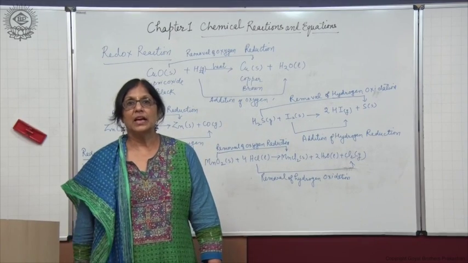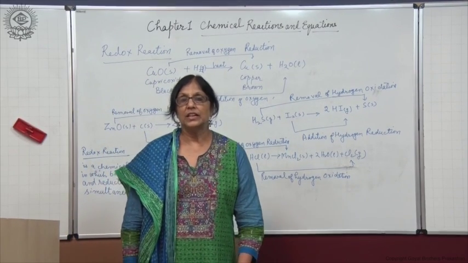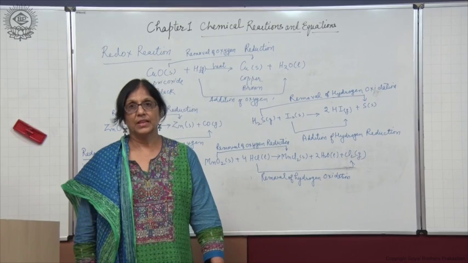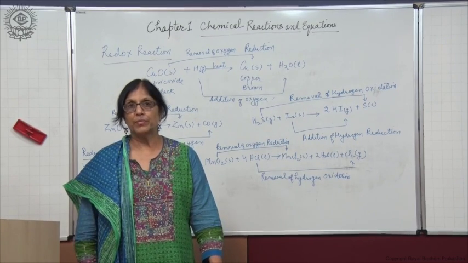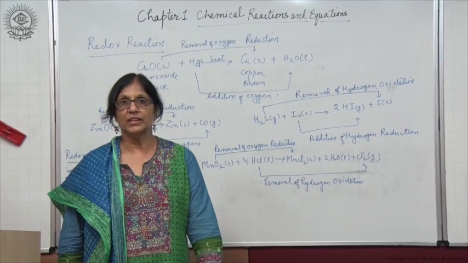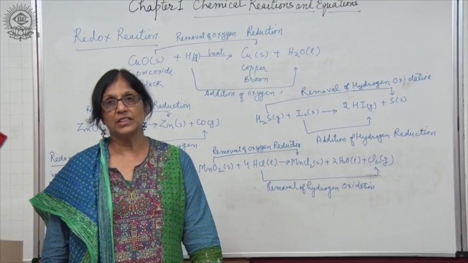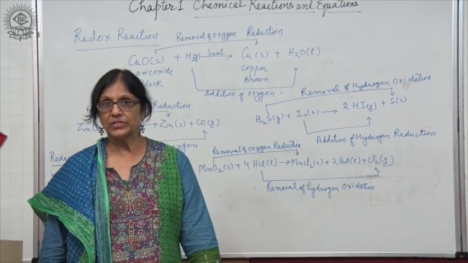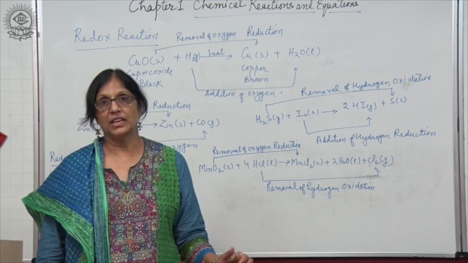Now we will discuss another type of reaction, that is redox reaction. In the previous reaction we discussed, both oxidation and reduction were taking place simultaneously in the same reaction. Let us discuss this reaction again here.